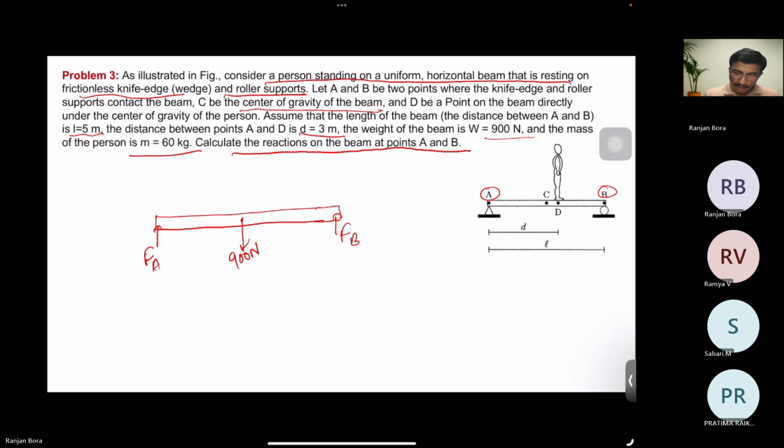And at point D, through the point D, the weight of the person will be acting. Mass is given, 60 kg. How to find the weight of the person? Weight of the person will be 60 multiplied by the acceleration due to gravity, which is 9.8, so it will be 588 Newton.